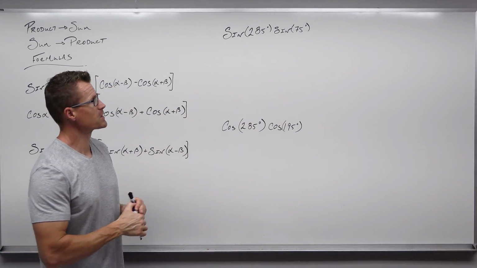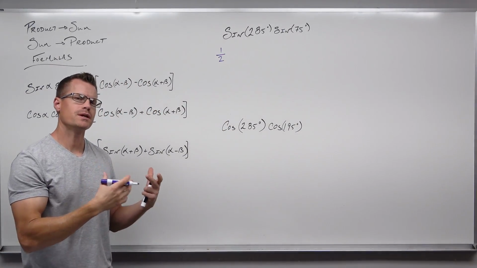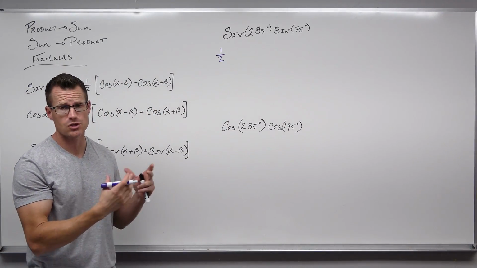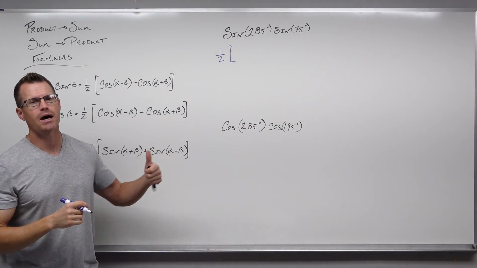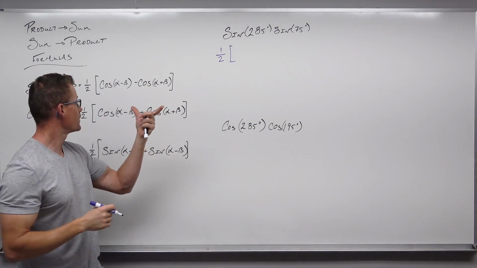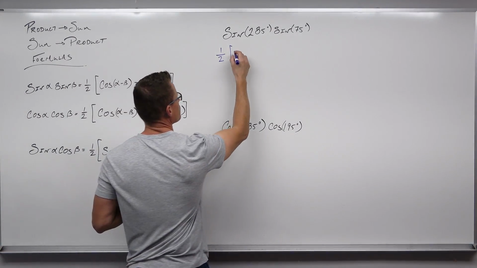So let's go ahead and do that. We're at 1/2. All of these product to sum formulas start with 1/2. The sine times sine says take your cosine, subtract your angles, minus cosine of add your angles.